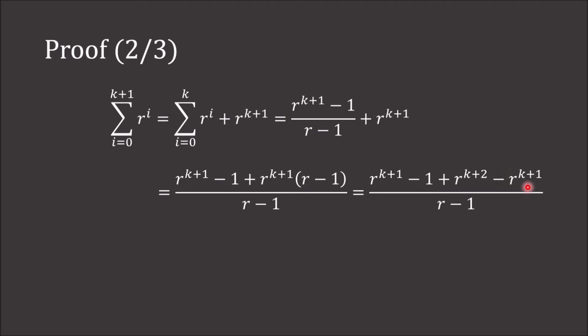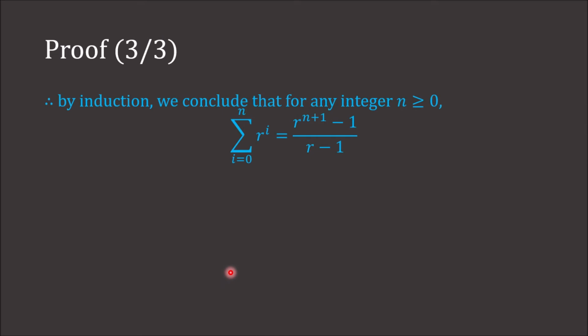They will cancel out. We can rewrite this in any order we want. And so this will simplify to (r to the k plus 2 minus 1) all over r minus 1. This is what we wanted. And so by induction, we can conclude that the property is true for any integer greater than or equal to 0. And so that is complete.